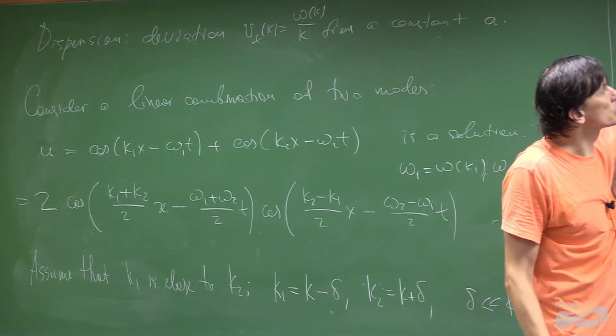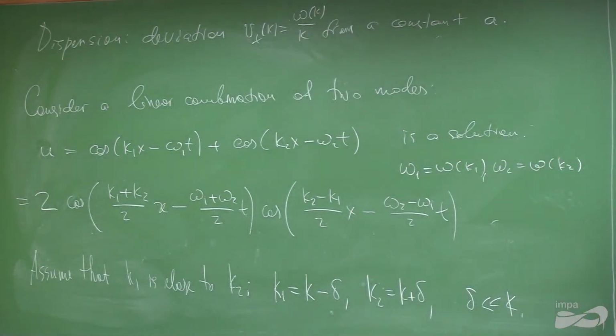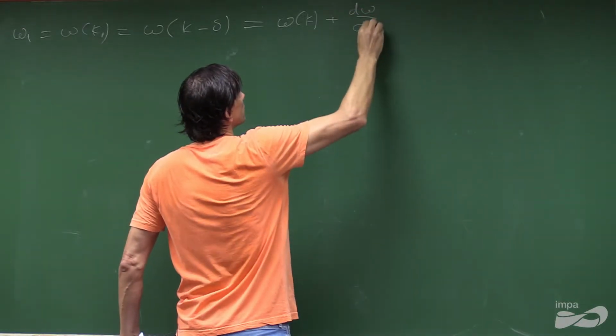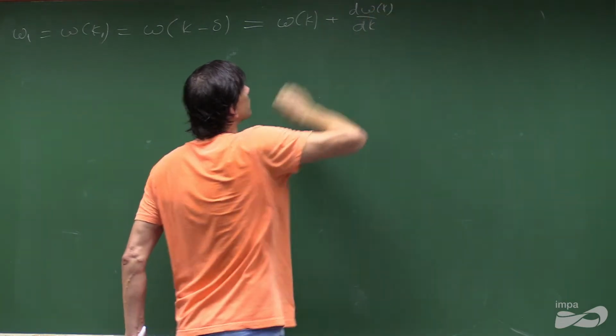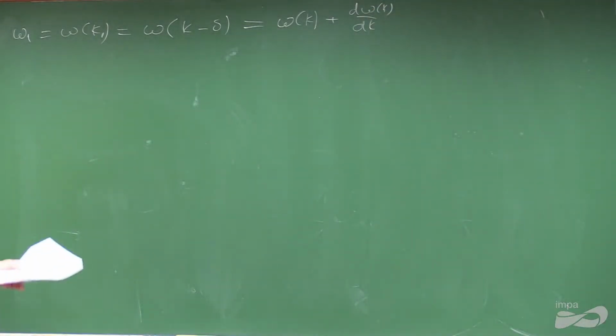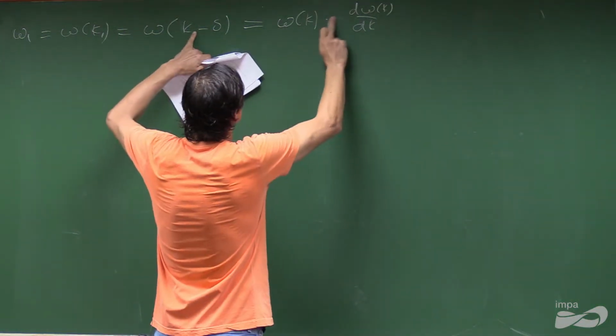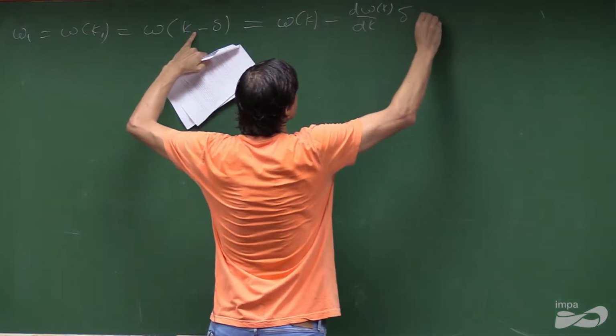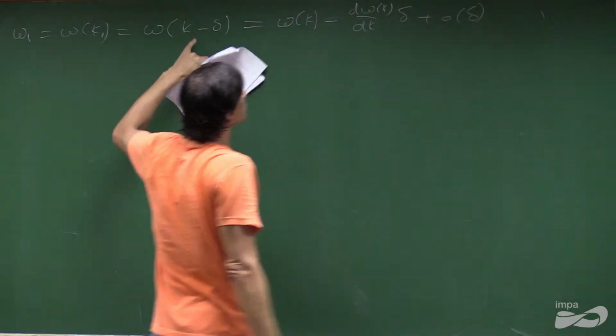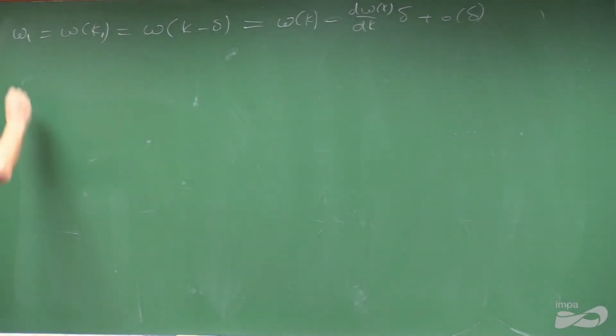And this expression we expand in Taylor. We take the Taylor series of this expression around K. So it's omega of K, d omega dk at value K, with a minus delta, and small order terms. Okay, this is for the first.